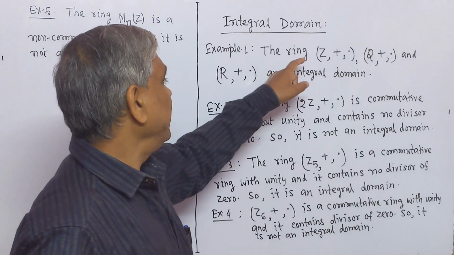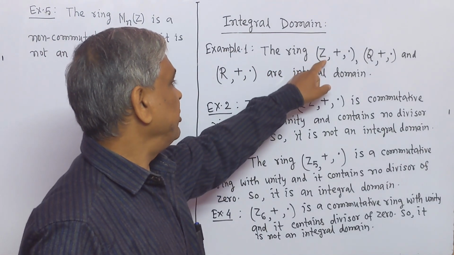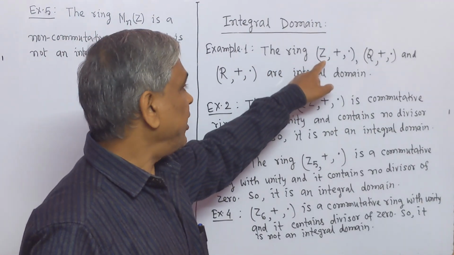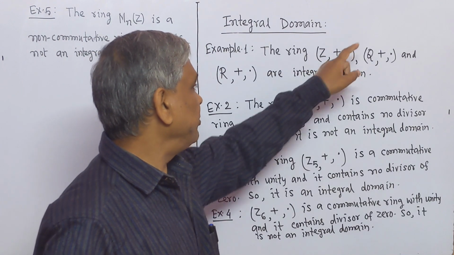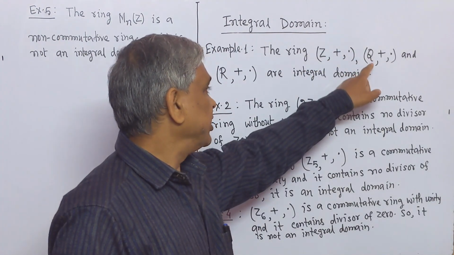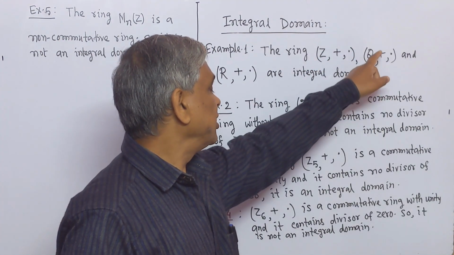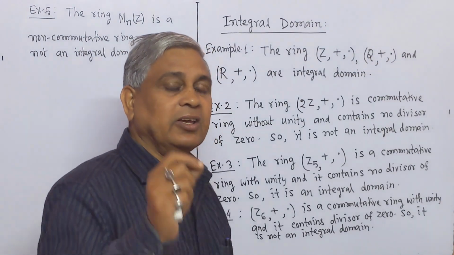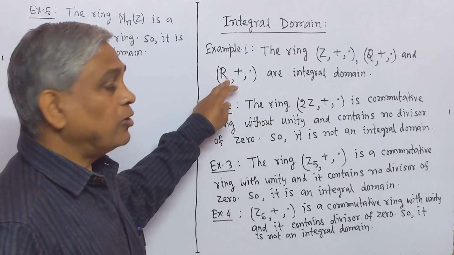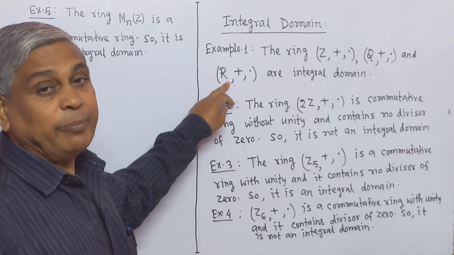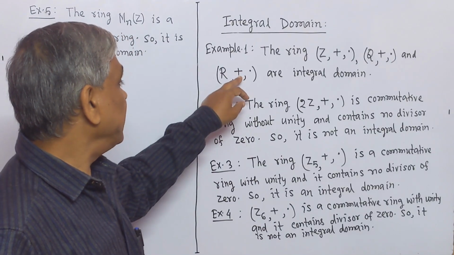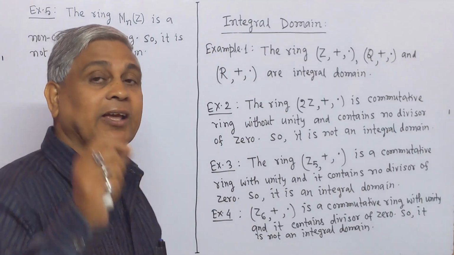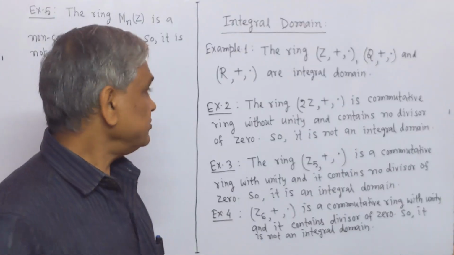Example 1. The ring Z, the set of integers, Q, the set of rational numbers, and R, the set of real numbers, with binary composition addition and multiplication, are integral domains.